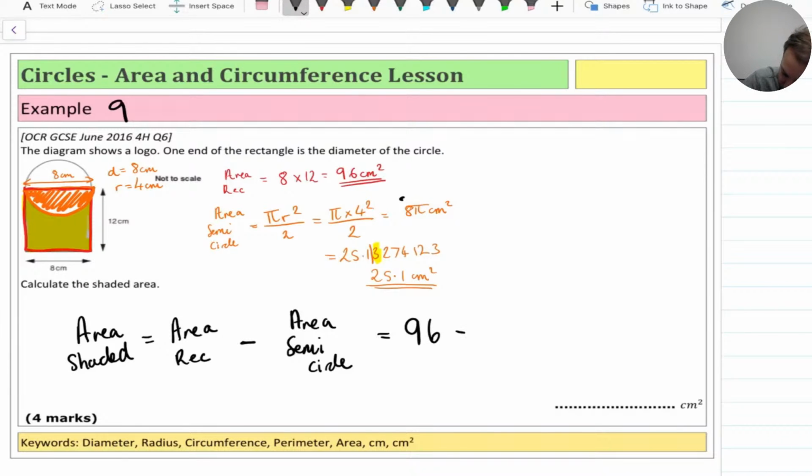Subtract the area of the semicircle, which is 25.1. Let's do that. 96 subtract 25.1 is equal to 70.9 centimetres squared. Brilliant.